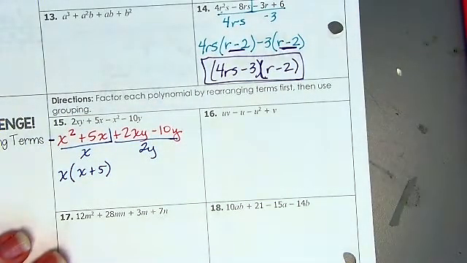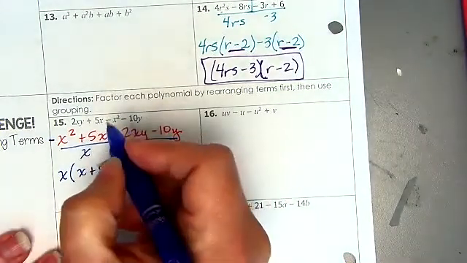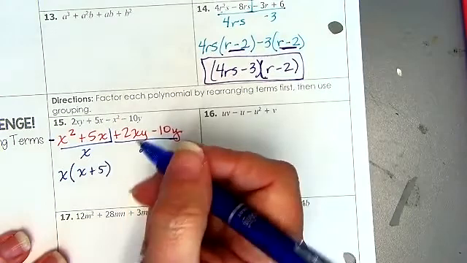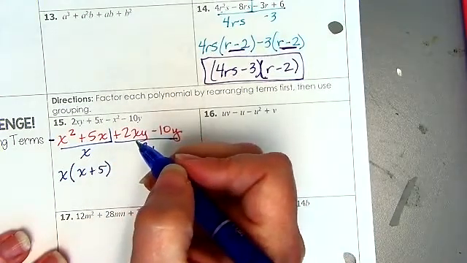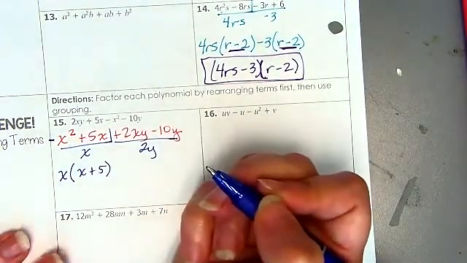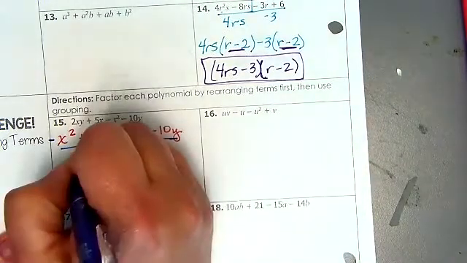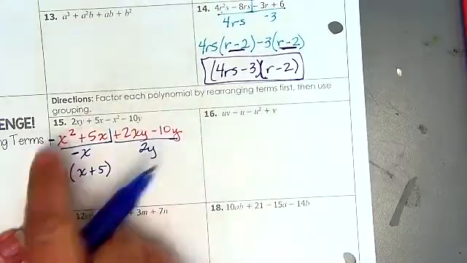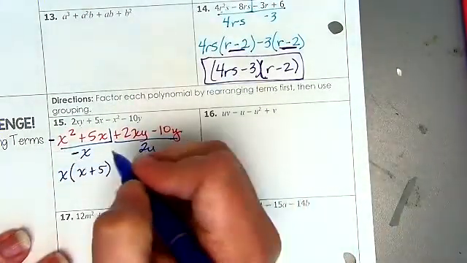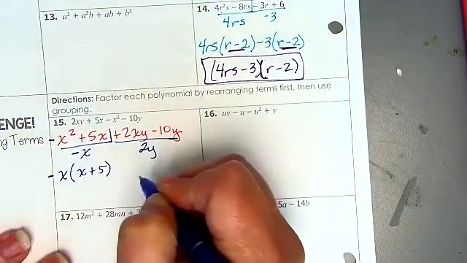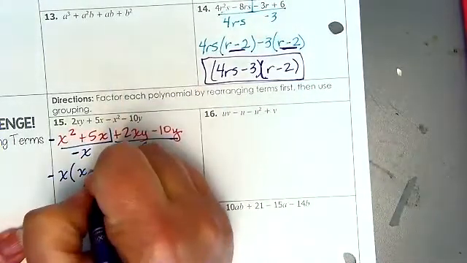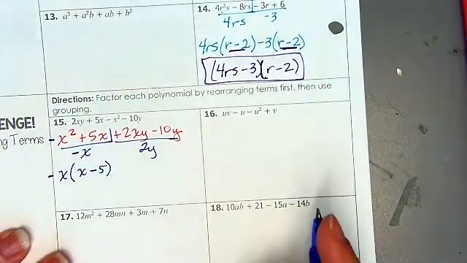So when I'm factoring out here, my GCF is going to be a negative x, because that's the negative first. So when I do that, that's going to make this become x minus 5.